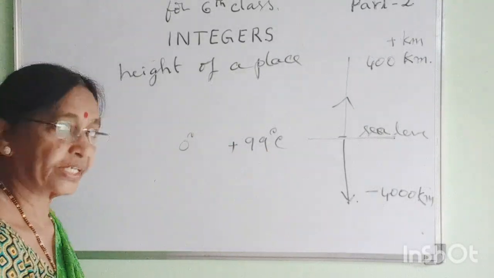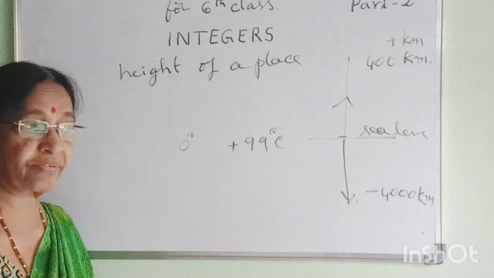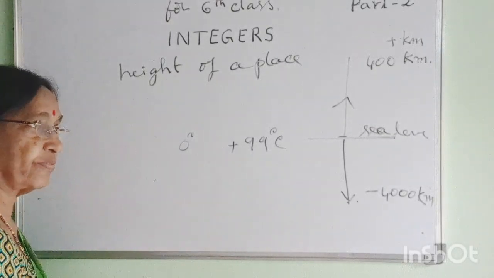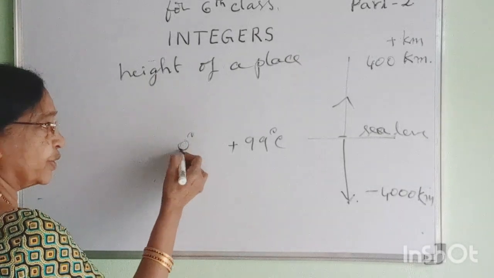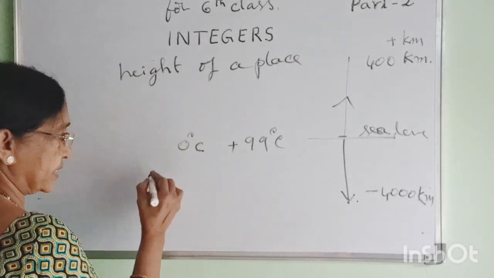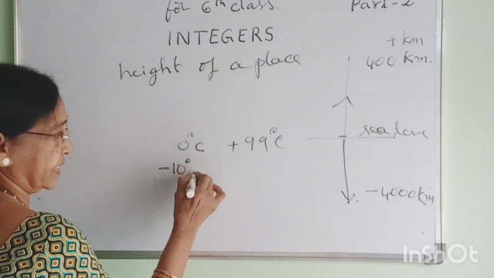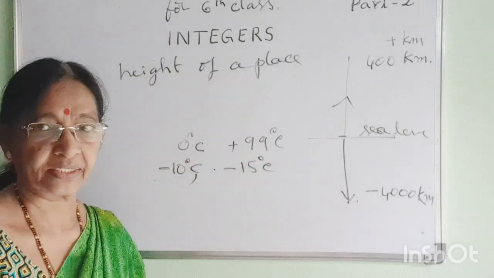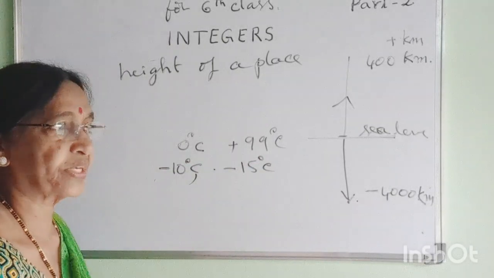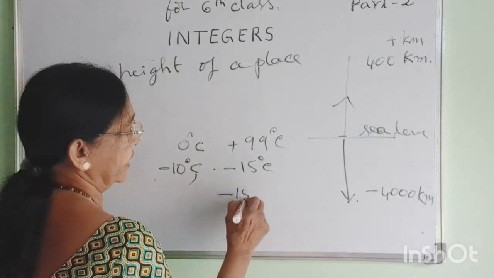Whereas the temperature below 0 degrees centigrade, that is the temperature of ice or frozen substances, is measured in minus 10 degrees centigrade or minus 15 degrees centigrade, like that. The temperature of the mixture of ice and salt is generally minus 15 degrees centigrade.